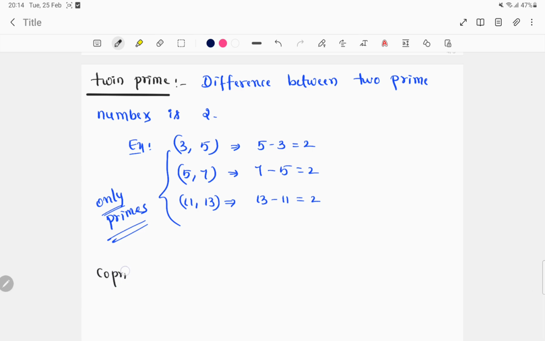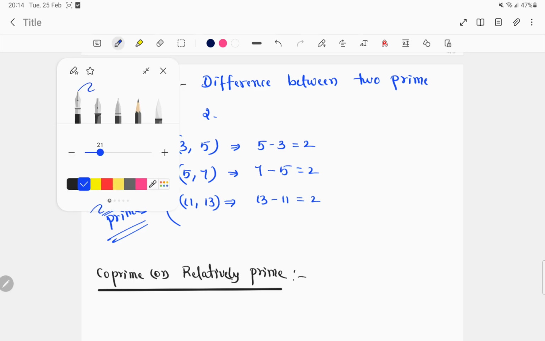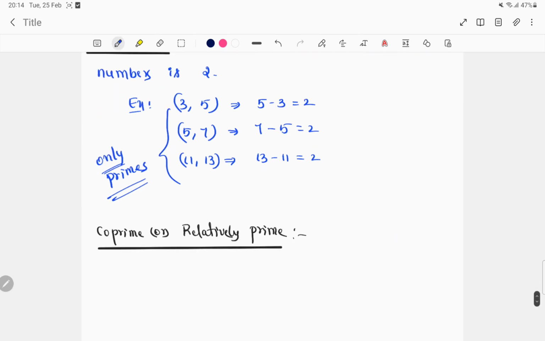Next, coprime, or one more word for this, relatively prime. So what is this? You take any two numbers.